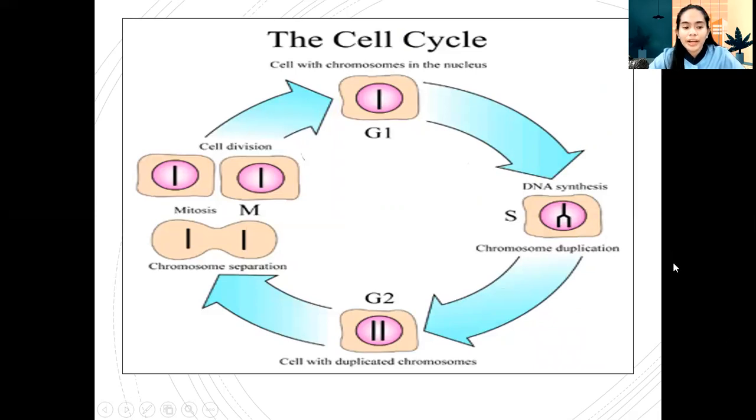G1 or Gap 1, wherein our organelles duplicate or replicate, and then synthesis, the part wherein our chromosomes are duplicated, and then we have your Gap 2, and then we have now your mitosis.